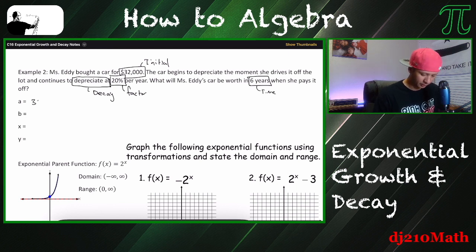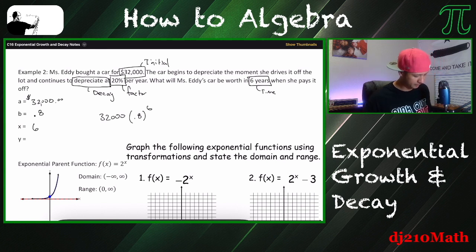Okay, 32,000. That's our initial amount. The factor, since it's depreciating, decaying by 20%, will be 0.8. It has to be less than 1. And 6 years. So our setup: 32,000 times 0.8 to the 6th power.